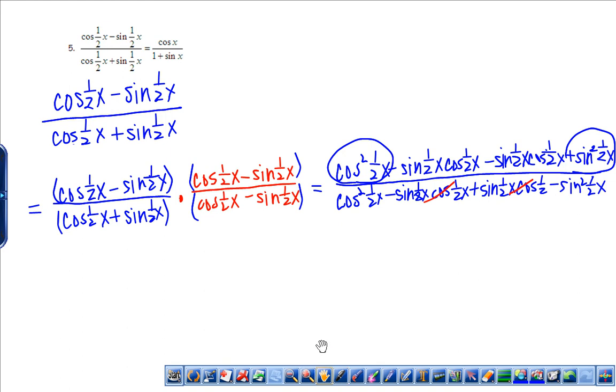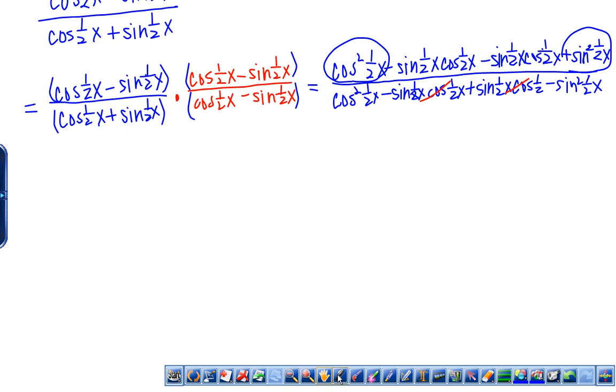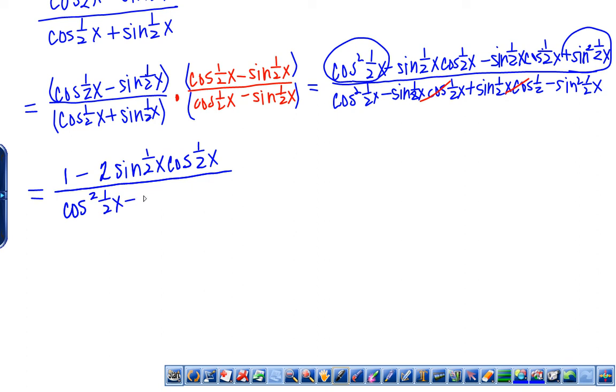Let's move up here. Okay, so I've got a Pythagorean identity, so I'm going to say that's 1 minus 2 sine 1/2 x cosine 1/2 x over cosine squared minus sine squared.